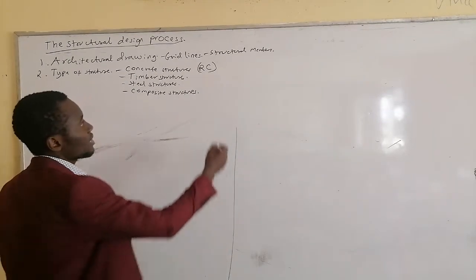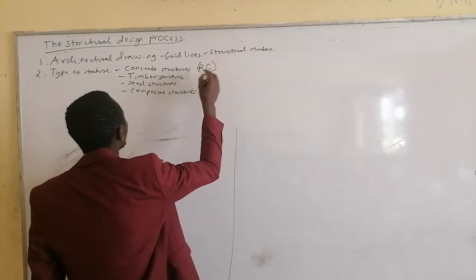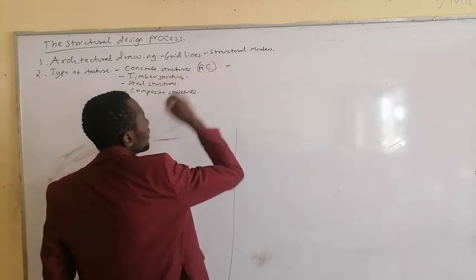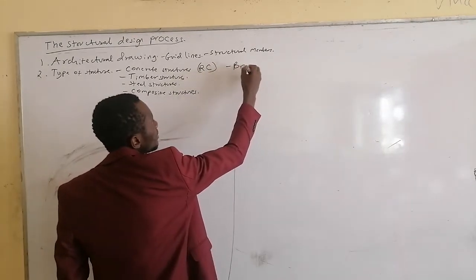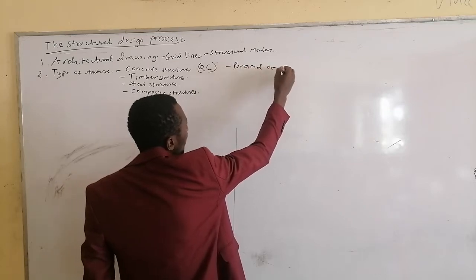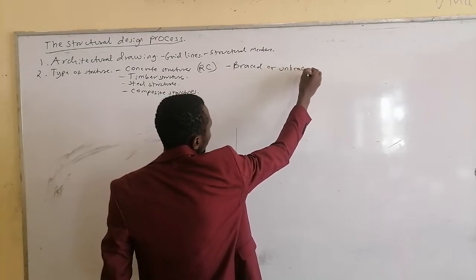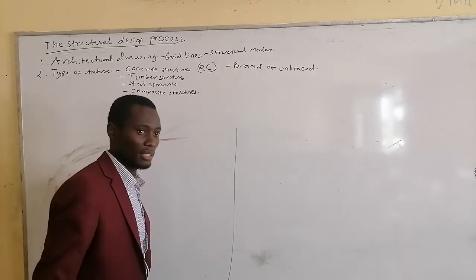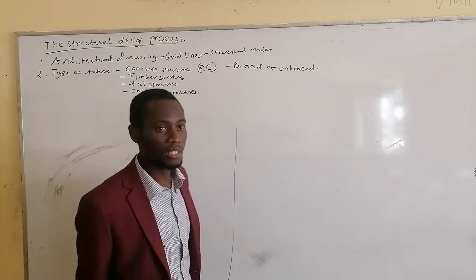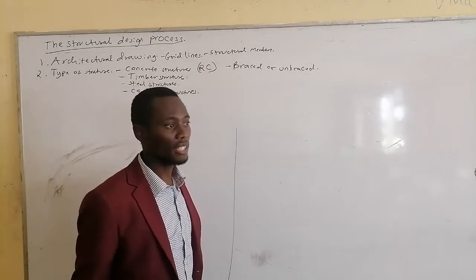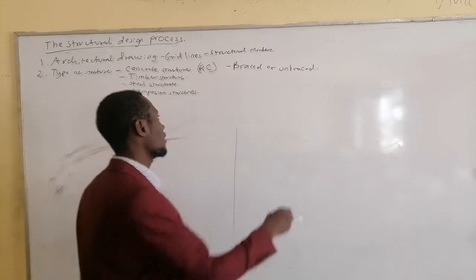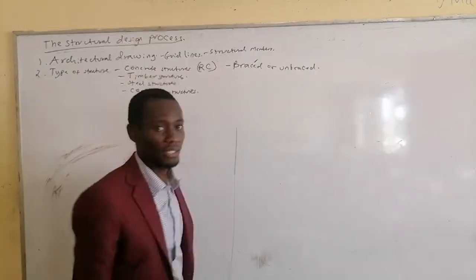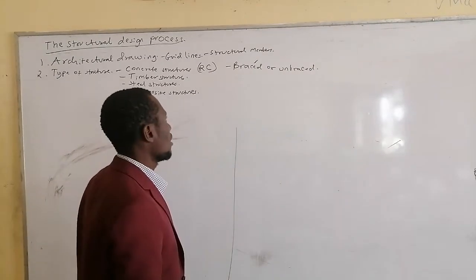And in the type of structure, we also determine whether our structure is braced or unbraced. To understand the ways in which we can brace a structure, please subscribe to this channel and check out our videos. We have a video where we talk about the ways in which we can brace a structure.